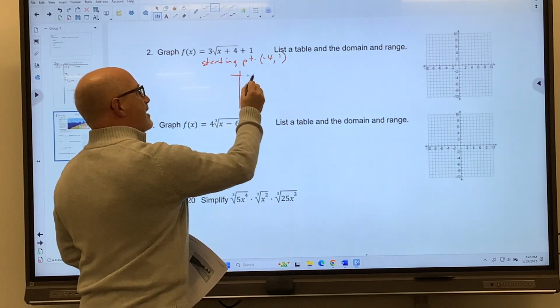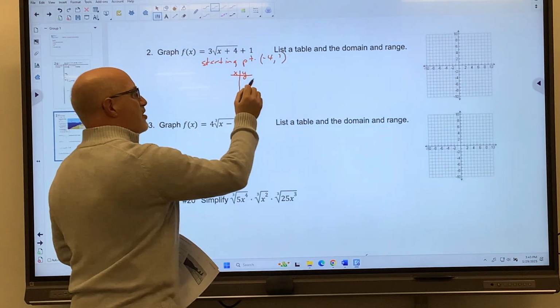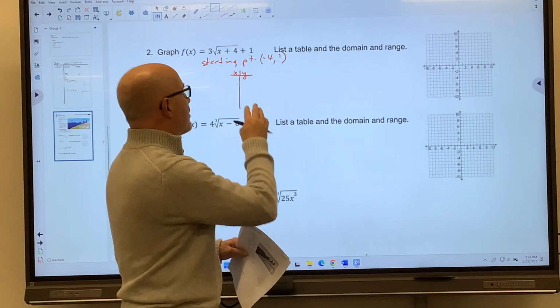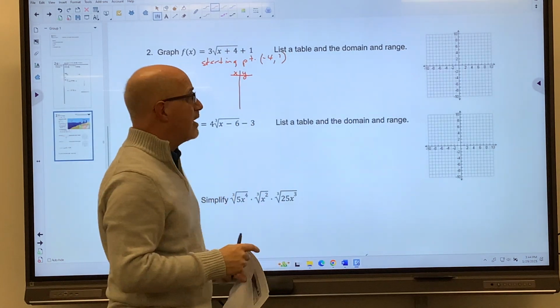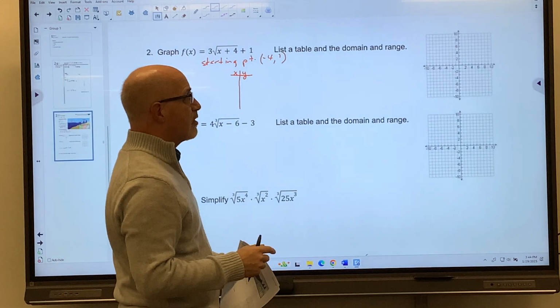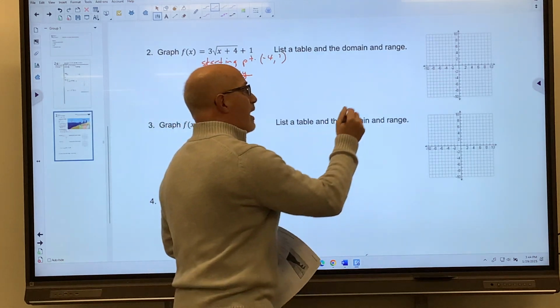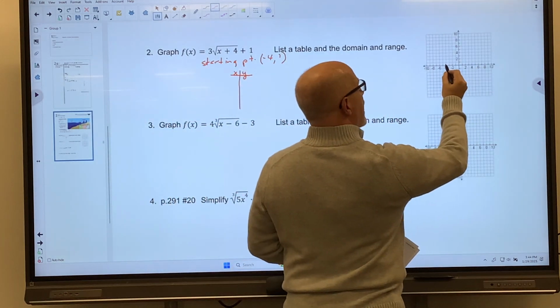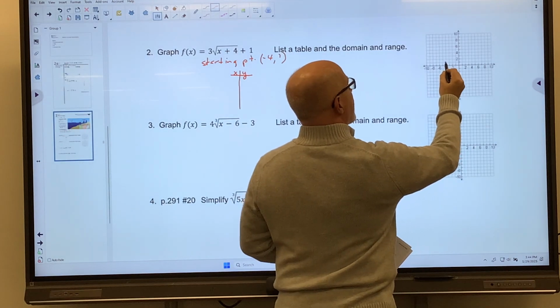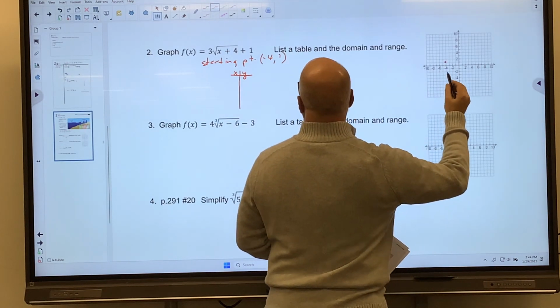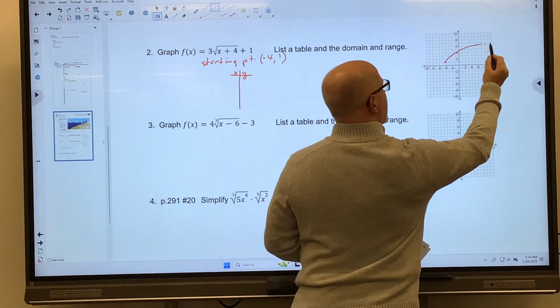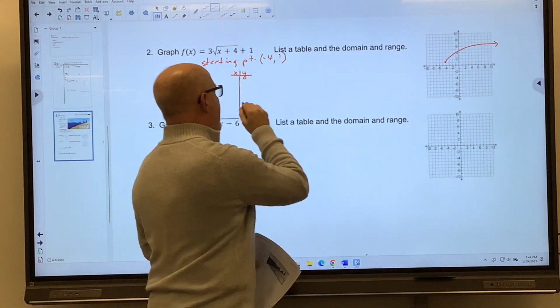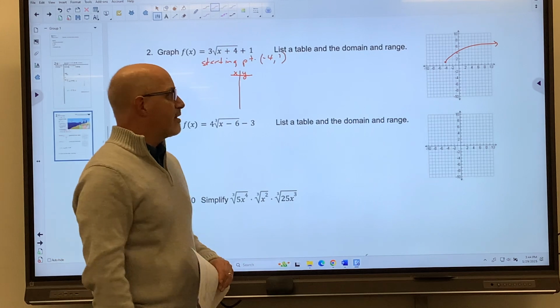So take the time, I'm going to go ahead and just sketch it here, but you would take the time to put this into your calculator, get out the x's and y's from the graphing calculator table, and then go and plot it. So negative 4, 1 right here, and then the graph, because of the 3, actually arches up pretty significantly once you get that xy table to get the values.